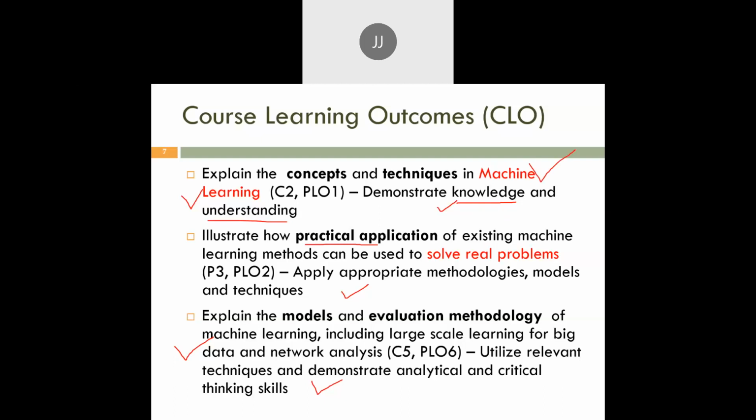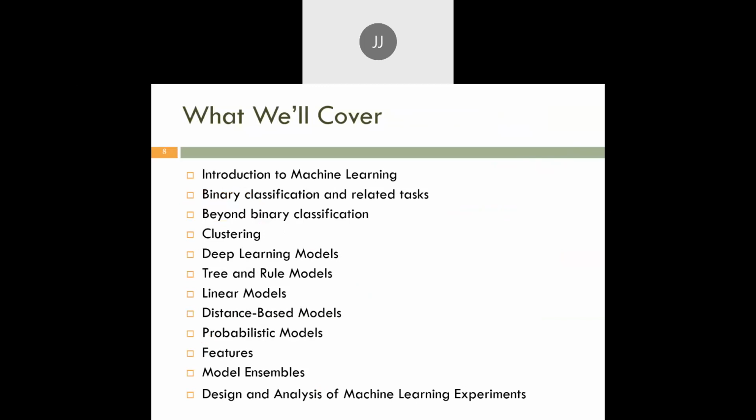Okay, so basically, we will learn all of this. Today we will cover this. On Thursday we will cover this. We will learn regression, clustering, deep learning models, trees and rules, linear models, distance-based, probabilistic, and then ensemble.